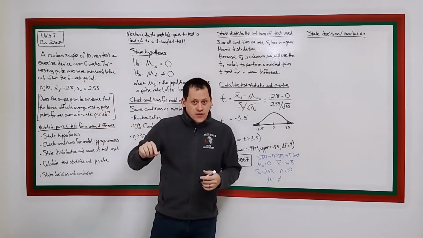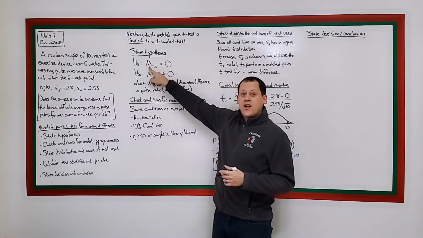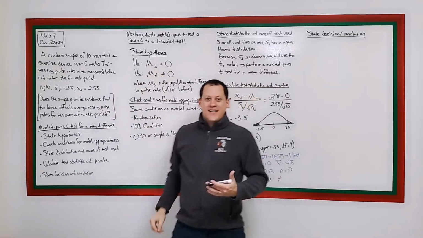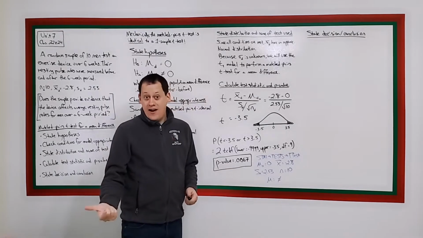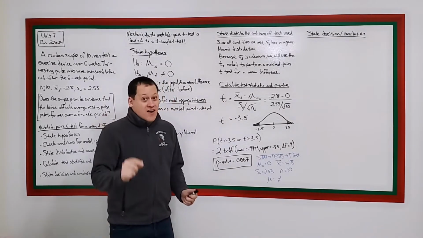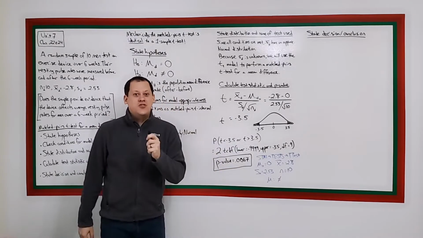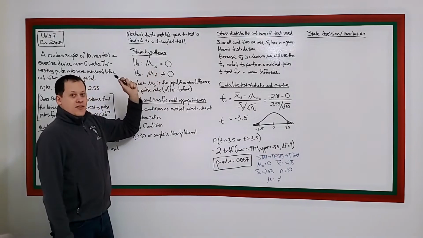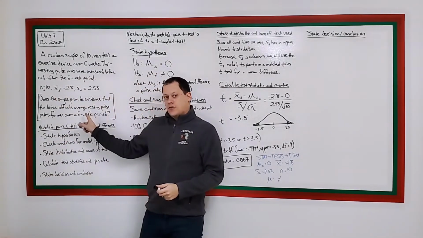Your decision is whether you reject the null hypothesis or fail to reject it based on your p-value versus the significance level alpha. So once you've got your p-value, the very next thing you should do is, based on this p-value, what decision do you make about the null hypothesis? Then you can write your conclusion to this question.